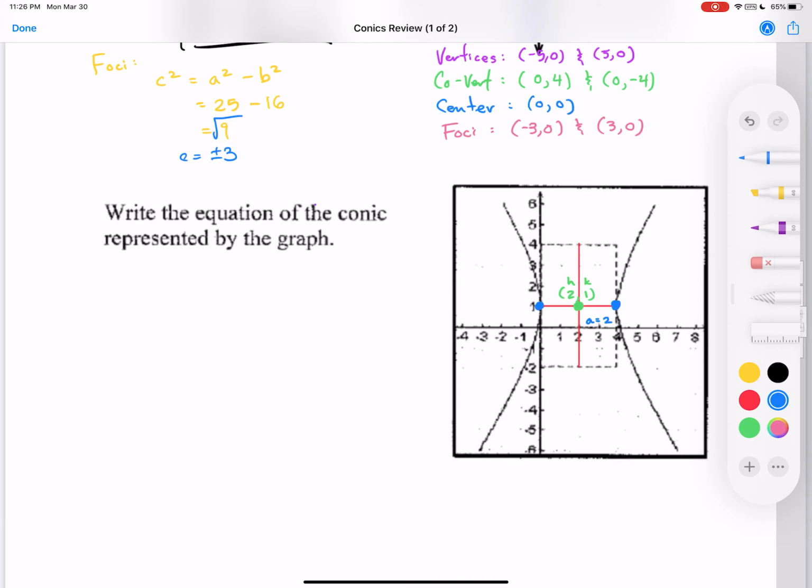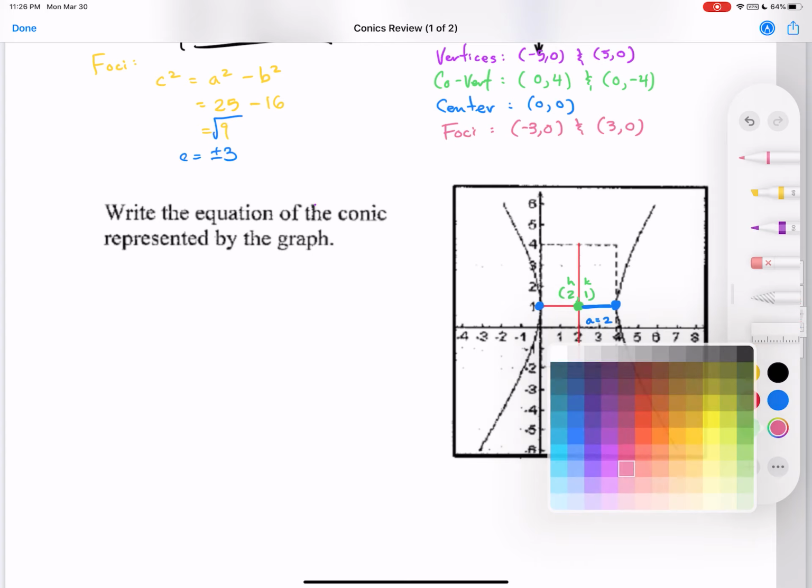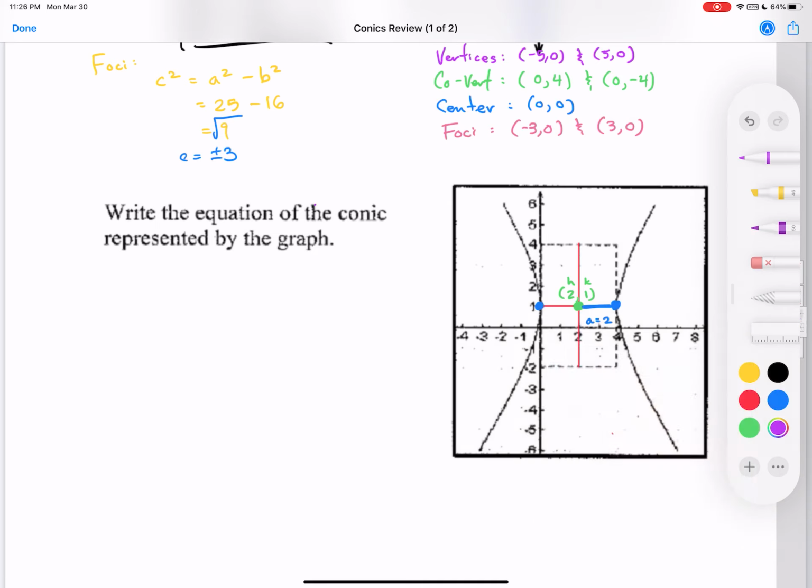It's 2 units away from our center. The b value is going to be going to our co-vertices. The co-vertices are from our center to the top of our rectangle. So the distance from the center to the top of our rectangle is 3 units. So b is equal to 3.